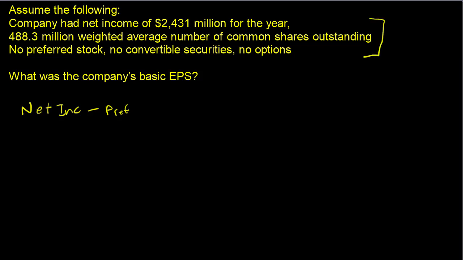Nothing's listed as preferred dividend, but it's important to remember that there's a difference between preferred dividends and common shareholder dividends. We'll get into that in a later video, but the preferred dividend needs to be taken out. So it's net income minus preferred dividend, and you take that over the weighted average shares outstanding.